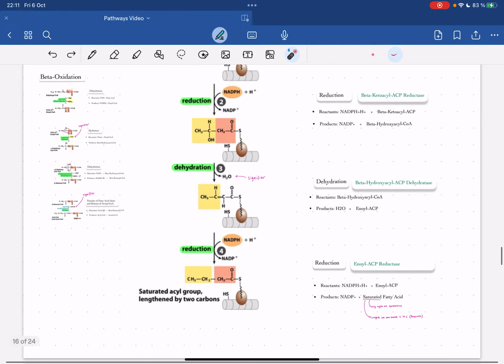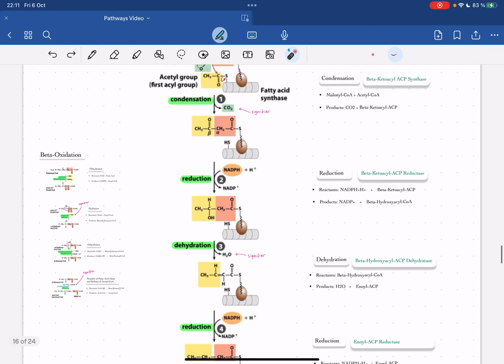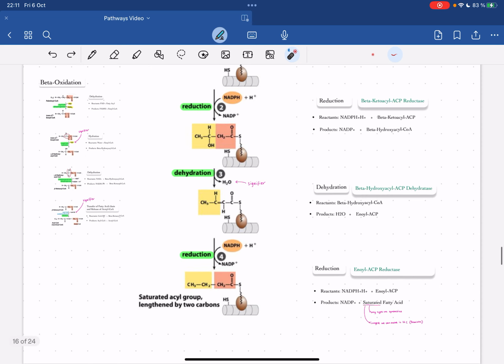Also, I haven't gone through the enzymes yet, but of course, in order to make beta-ketoacyl ACP, we need beta-ketoacyl ACP synthase, and then in order to reduce the beta-ketoacyl, we need to use beta-ketoacyl ACP reductase, and in order to dehydrate the beta-hydroxyacyl ACP, we're using beta-hydroxyacyl ACP dehydratase.